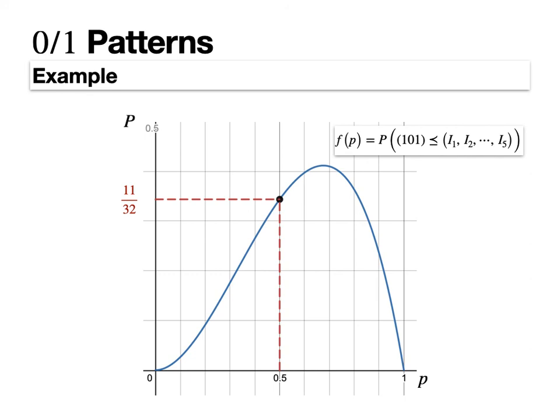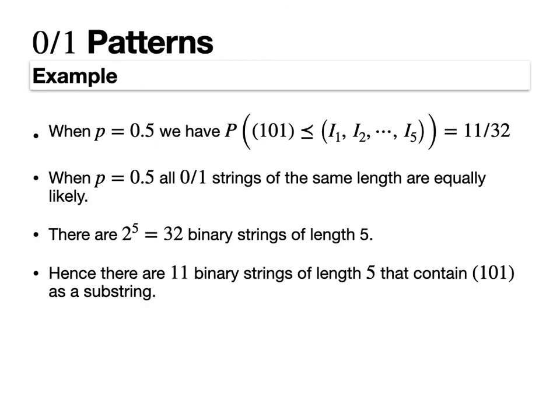This can actually shed light on the number of 0, 1 sequences of length 5 that contain 1, 0, 1. Because think about this. If little p is 1/2, then just plug into the formula and we get, as we saw, 11 over 32 as the probability that 1, 0, 1 is a substring of a binary string of length 5.